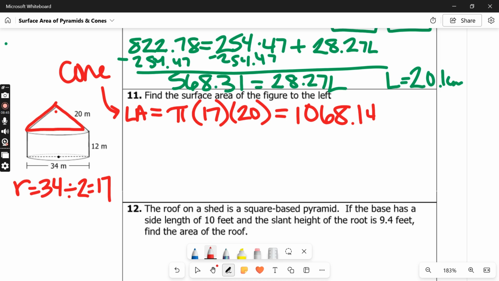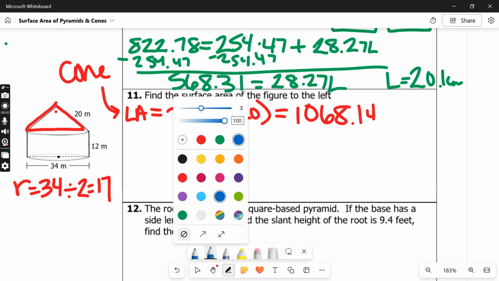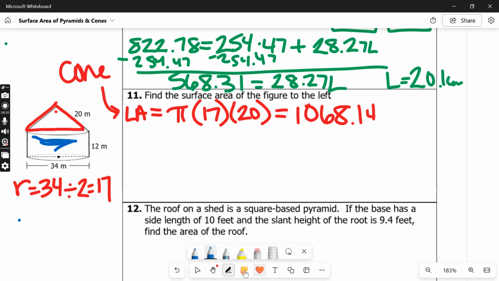Okay, and then I'm going to look at this cylinder, the bottom part right here. If you remember, our formula for a cylinder is 2 pi r squared plus 2 pi r h.